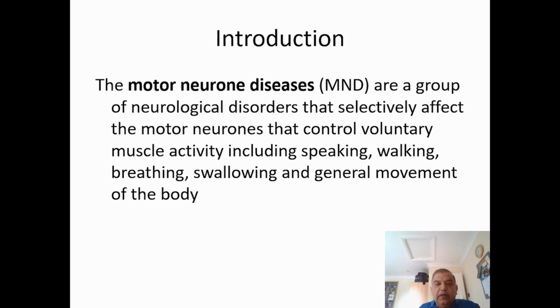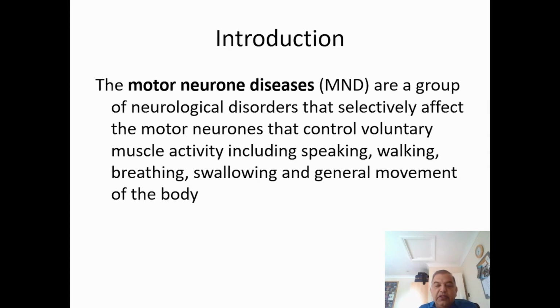So today I'm going to talk to you about motor neuron disease. It's a condition that's seen fairly commonly now because of improved knowledge about the condition, as well as the improvement in the electrodiagnostic techniques.